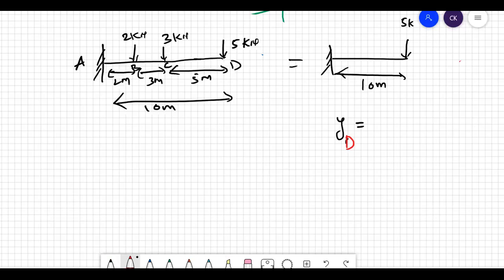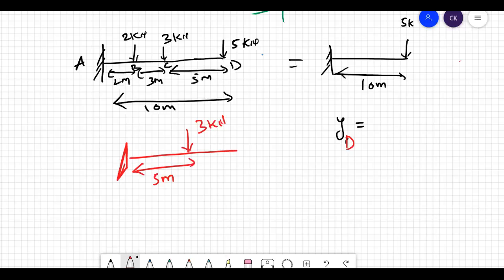And in the next case, I need to consider again a cantilever beam and a point load of 3 kilonewtons at a distance of 5 meters from the fixed end.